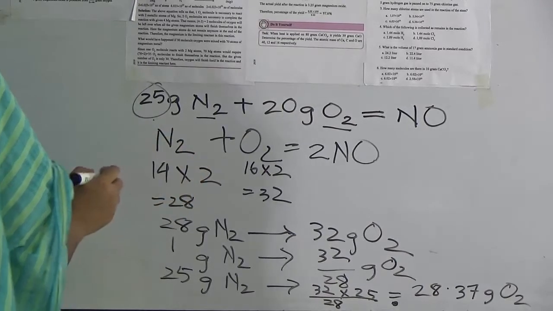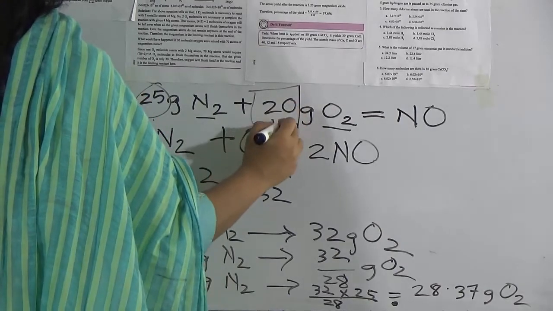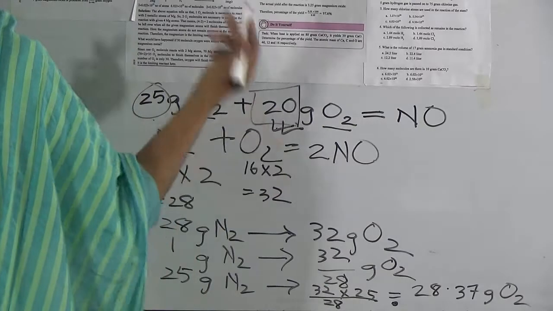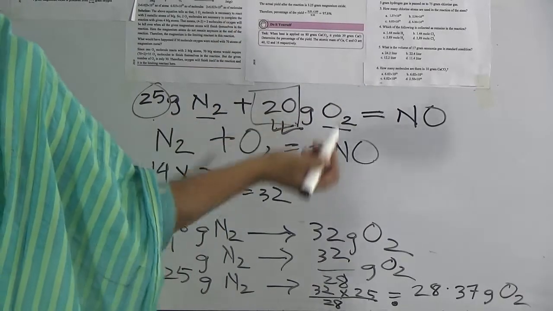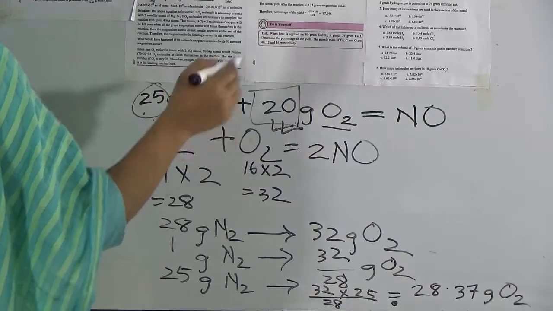So 25 gram nitrogen will react with 28.37 gram of oxygen, but here in the question we get only 20 gram of oxygen. So oxygen will finish first when the reaction is going on.